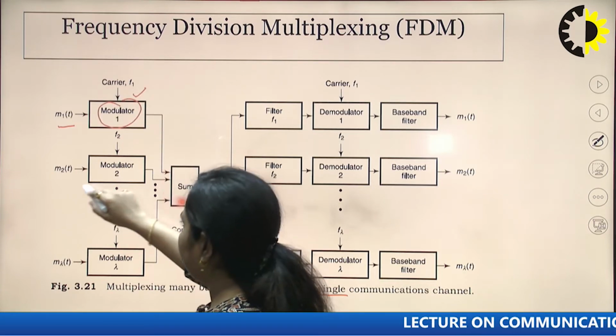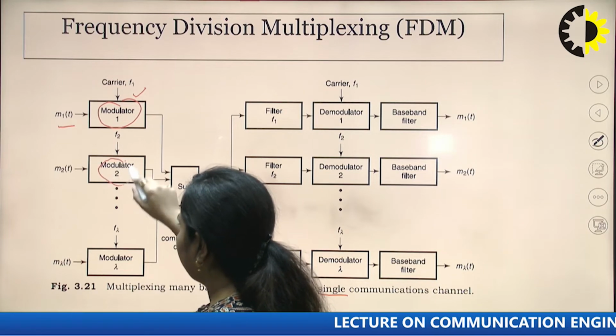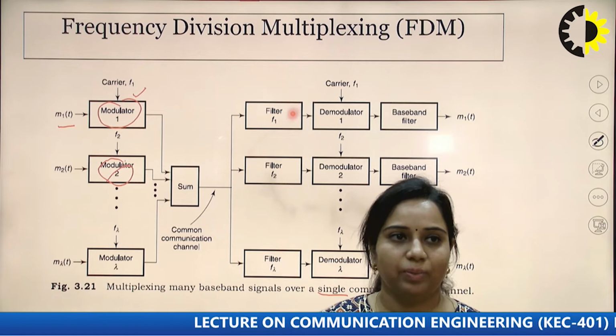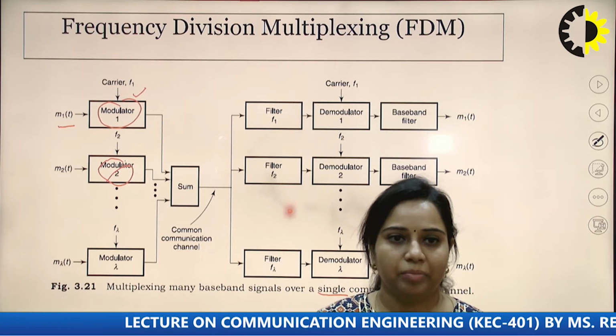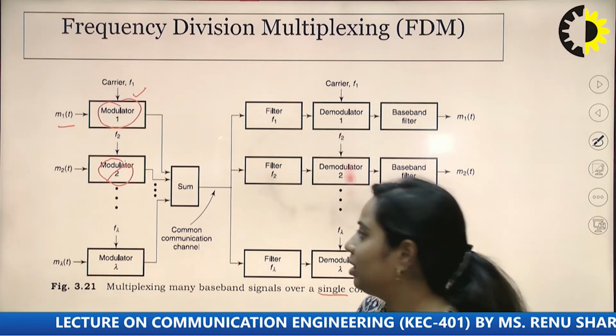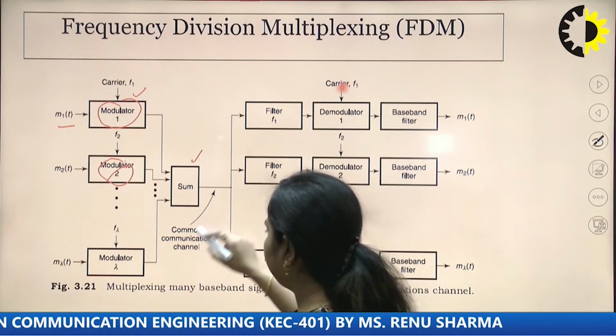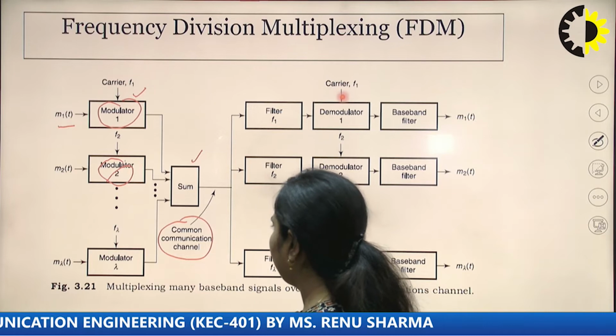Next is applying m2(t) and another carrier frequency. So if there are n number of users, n carrier frequencies are required to multiply with the incoming signals. Now these are added together by a summer, and then applied to a common communication channel.